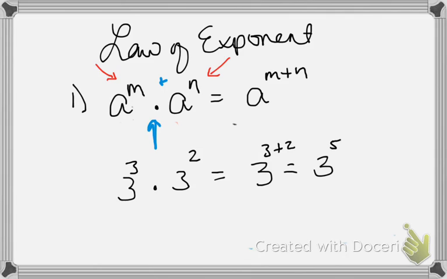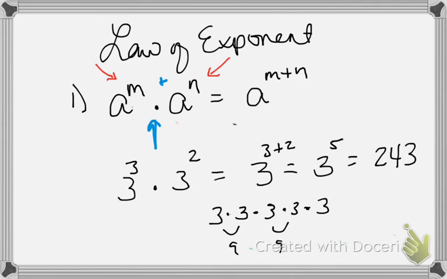So it's 3 to the fifth power, which is really 3 times 3 times 3 times 3 times 3. That's 9, that's 27, that's 81. And 81 times 3 is 243.